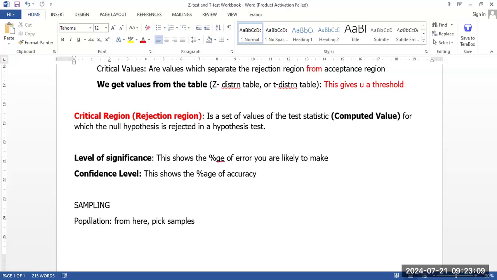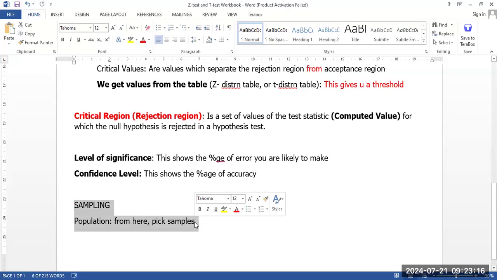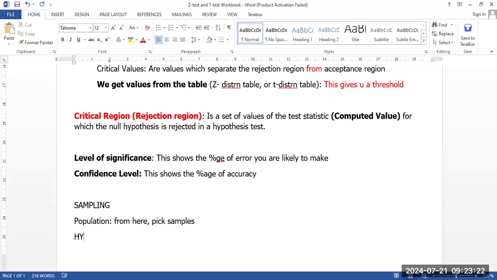And also, if you don't want to look at this from this angle, you can look at what you state from the start, what you state as your null hypothesis.